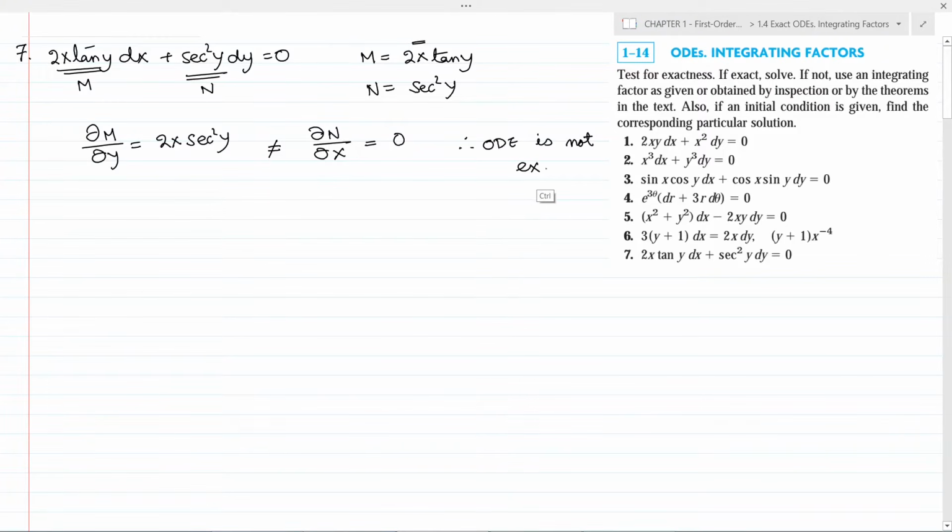Not exact. Now, if the ODE is not exact, we will assume f of x, y as the integrating factor.